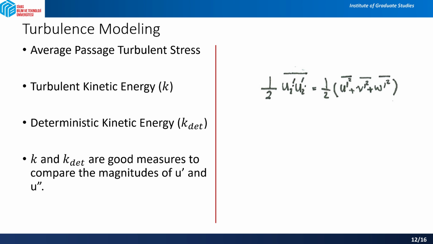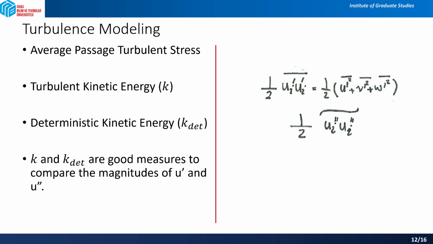In turbomachinery, there is deterministic kinetic energy as well as turbulent kinetic energy, and we call it K deterministic. K deterministic is 1 over 2 of what we said were the deterministic stresses in the previous slide, so u_i double prime bar.